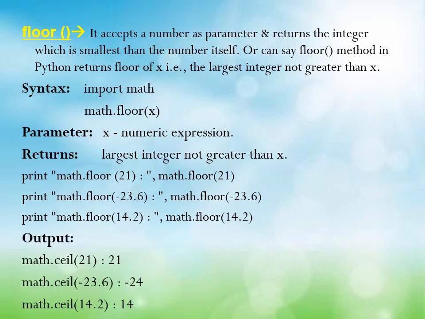I am taking examples here. First, if I am writing math.floor of 21, the output will be 21. If I am taking math.floor of minus 23.6, then the result will be minus 24, an integer which is smaller than the number itself. If I am taking math.floor of 14.2, then the output will be 14.